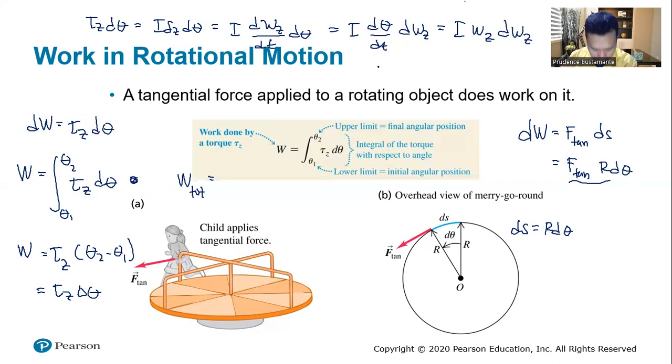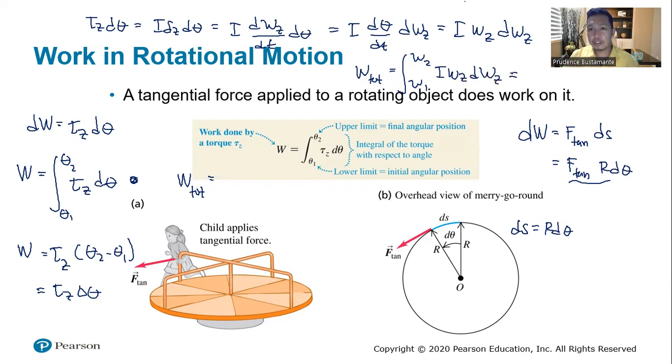So the total work, we can integrate from angular velocity omega 1 to omega 2 of I omega z d omega z.